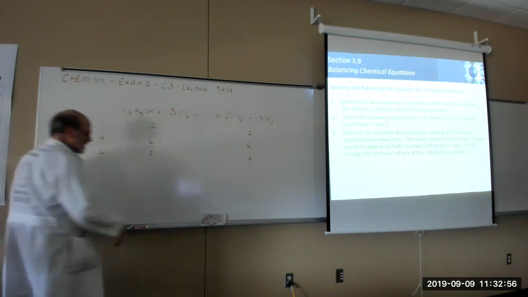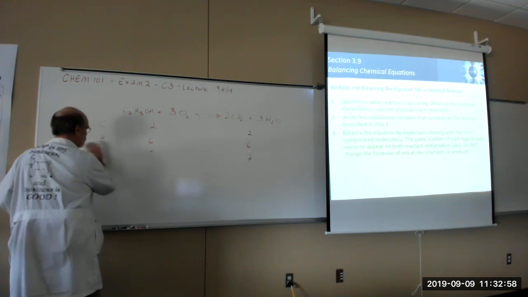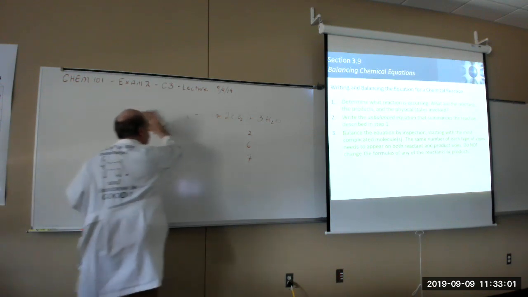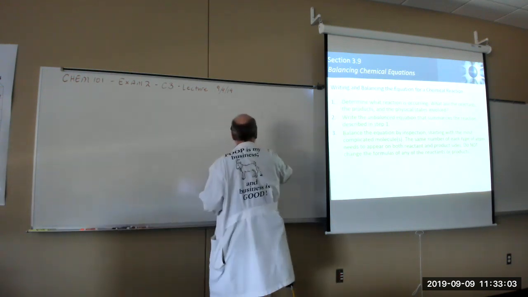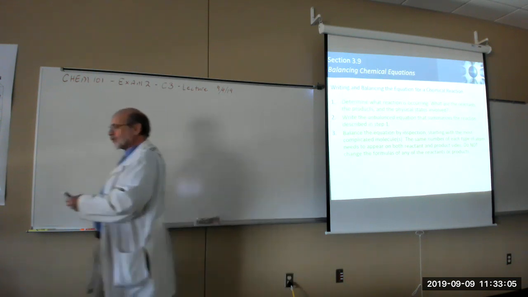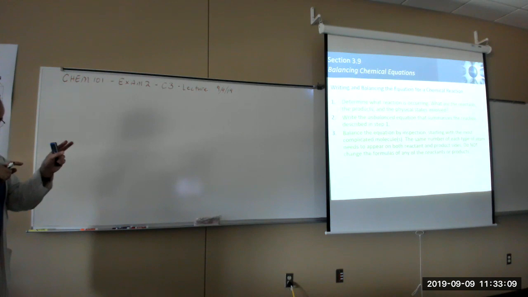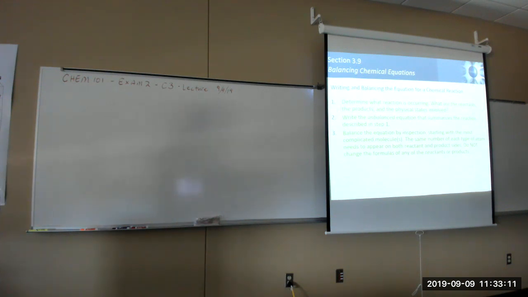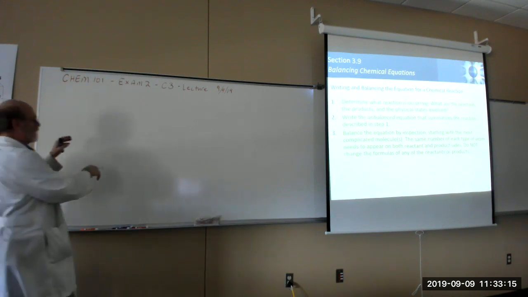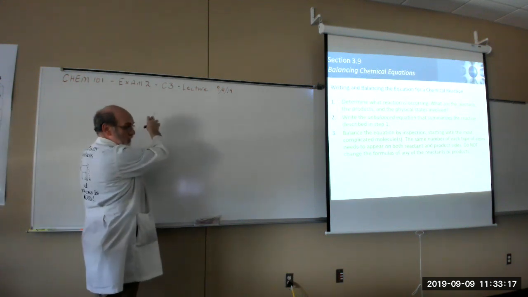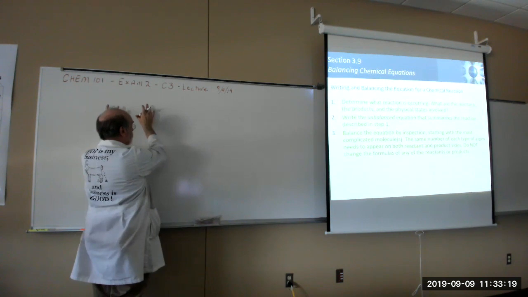So your textbook will probably say, if you're given an equation that's not balanced, let's say all you're told is these 2 reactants give these 2 products or 3 products, whatever it is, then you write them up here. You have to write the compounds, if there are compounds and elements, correctly.